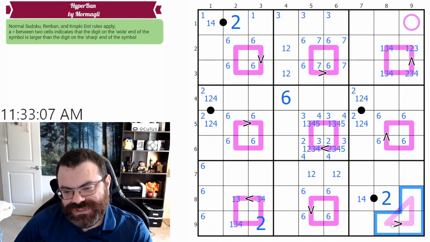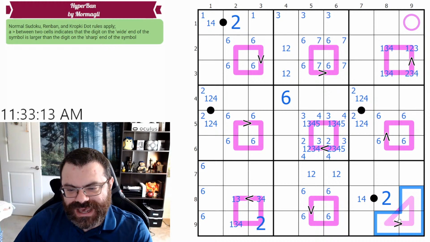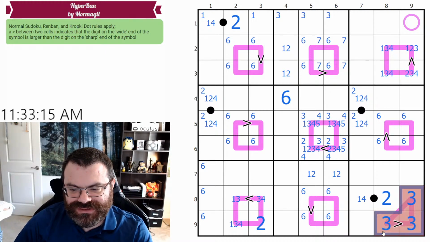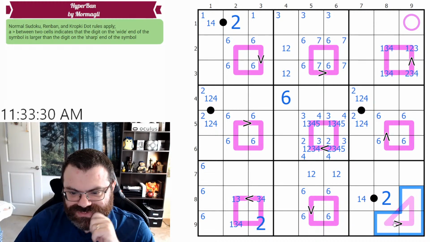So this is from 3 through 9, but that doesn't help because it's 3 in size. Actually, this can't have a 3 on it, because if this had a 3 on it, it would be 3, 4, 5, and the 3 and 4 again would line up and be forced into there. So this is at least 4, but it still doesn't force a specific digit.